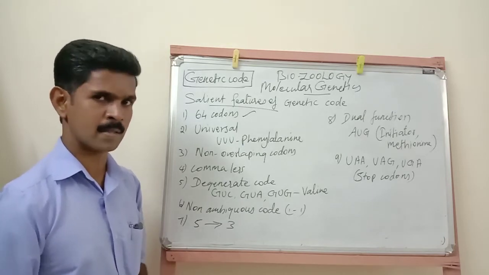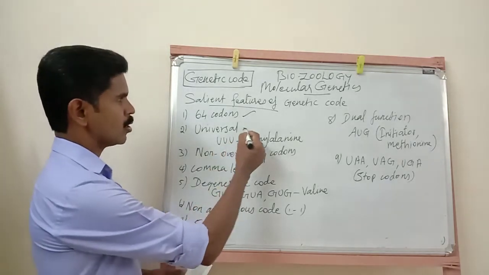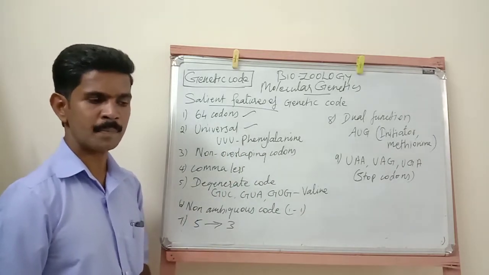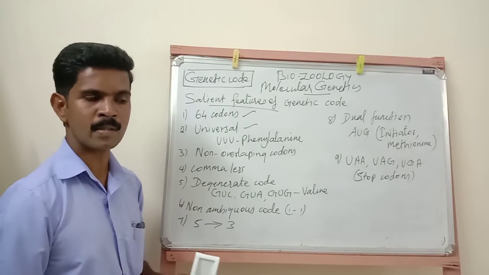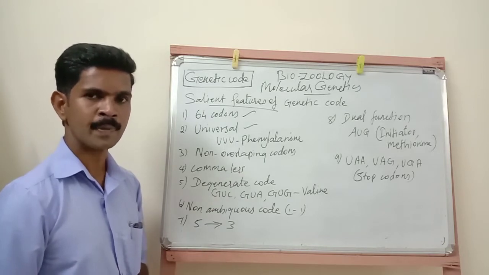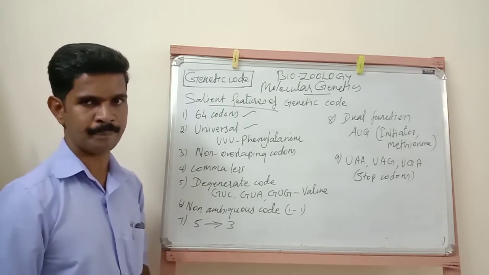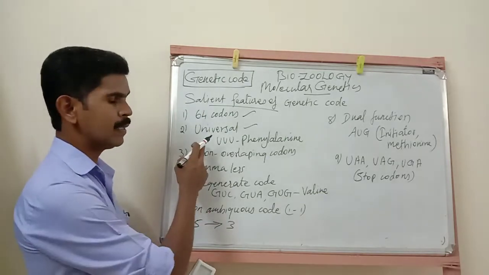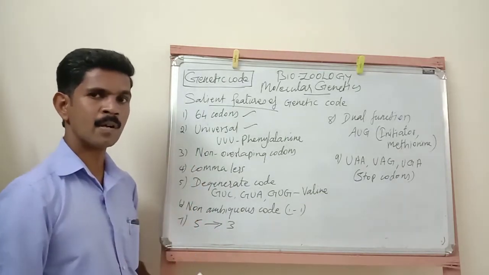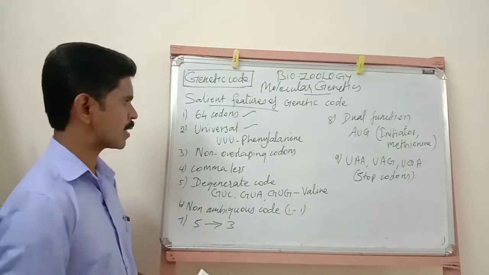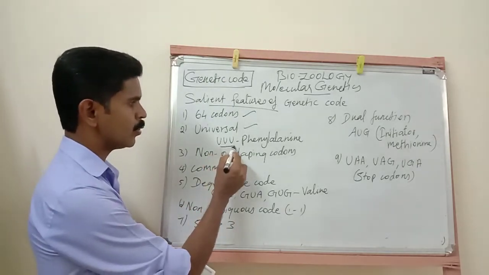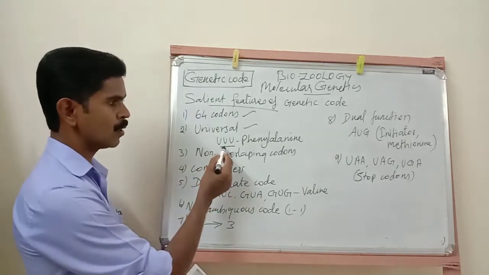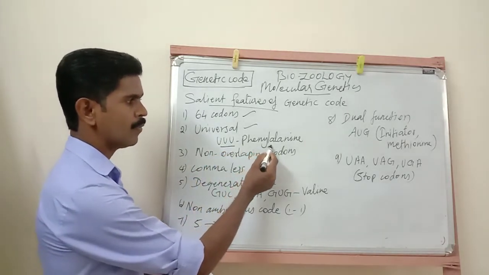The second one is universal. This genetic code is universal, meaning that in almost all living organisms the genetic code is the same. For example, see here, this is one codon, and this codon codes for one amino acid called phenylalanine.